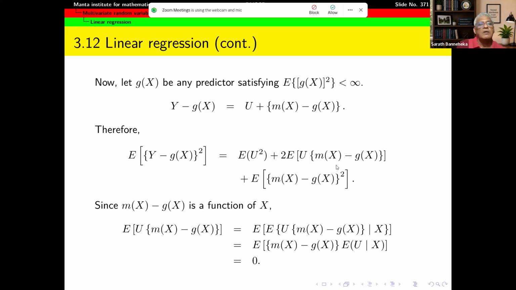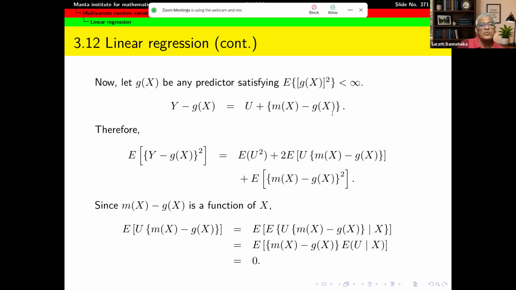Now, let us take g(x) to be any predictor, not necessarily the linear predictor that we already have. Let's take g(x) to be any predictor satisfying this condition: the expected value of g(x) squared is finite. And let us consider y minus g(x). That can be written as y minus g(x) equals u plus m(x) minus g(x).